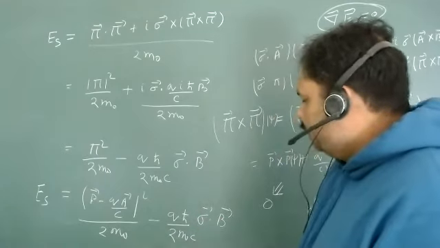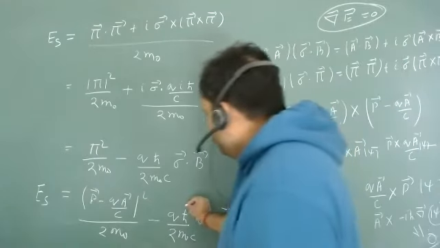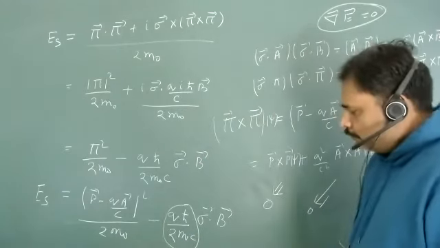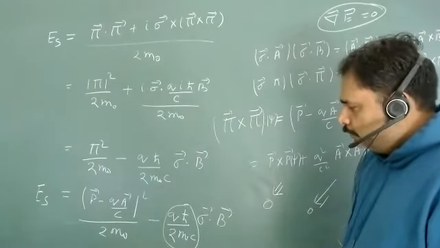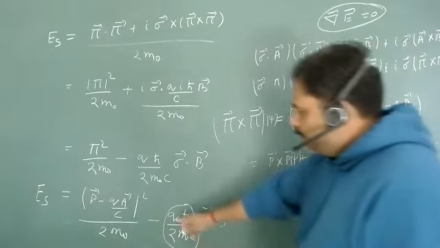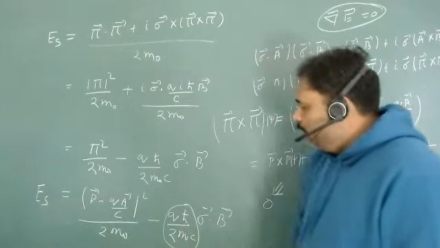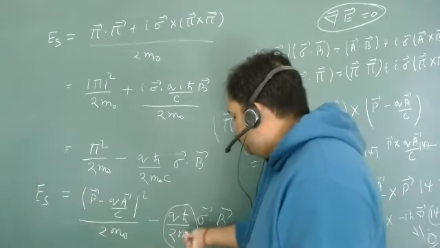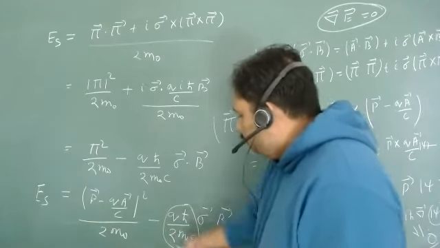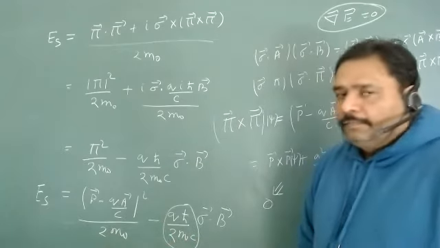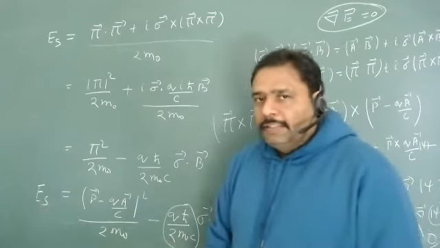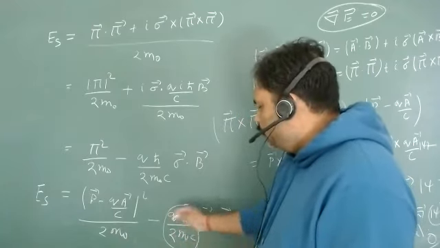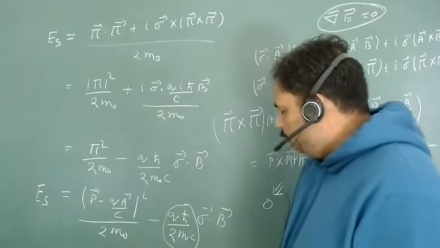You have studied q h-cut upon 2m naught c. Suppose q is some negative charge and m is the mass of the electron, then what is this particular thing? It is the Bohr magneton, related to the Landé g-factor.